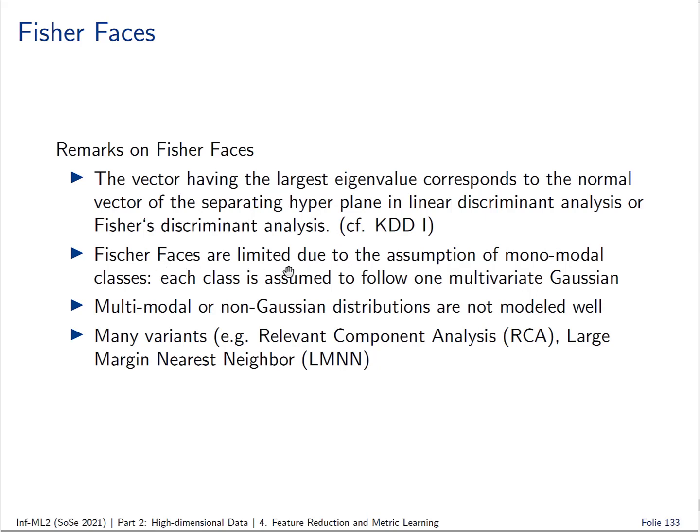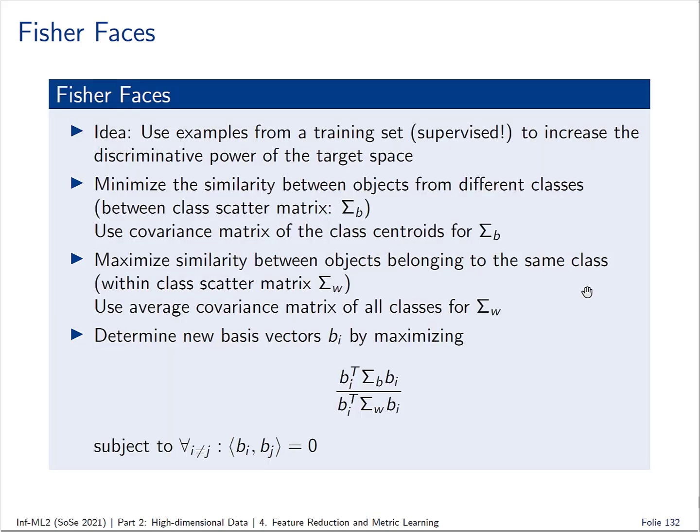Fisher faces are limited because we assume that we have monomodal classes, so each class is assumed to follow one multivariate Gaussian distribution. That's why we model that with these covariance matrices. The covariance matrices are one parameter of a Gaussian model, and the other one is the means, so the centroids.